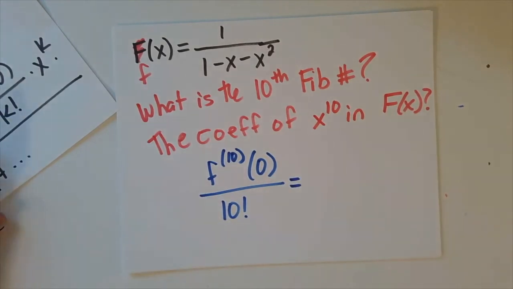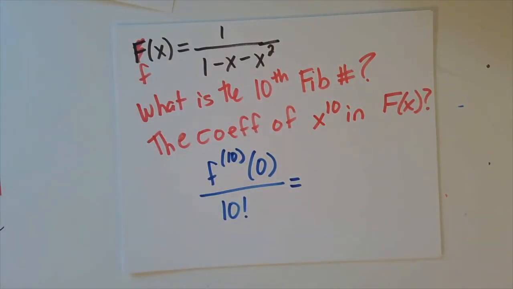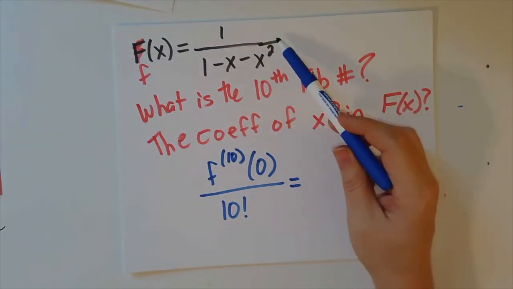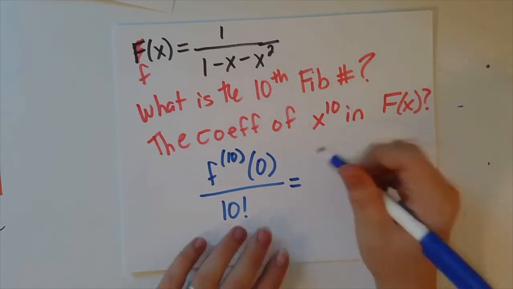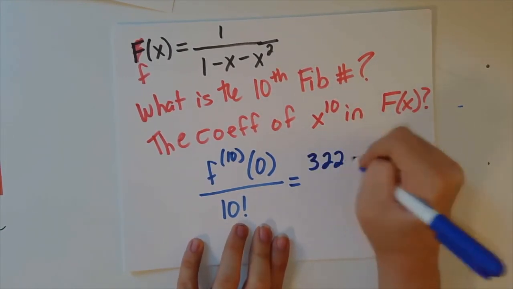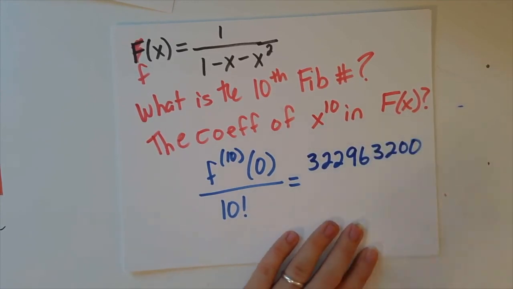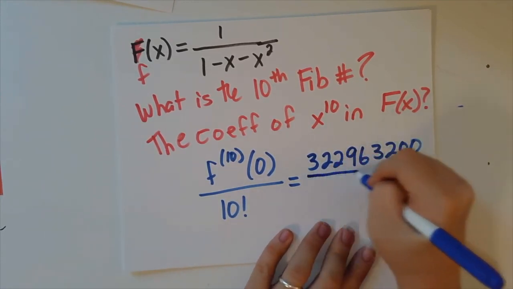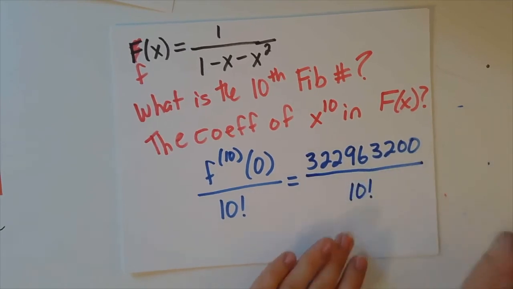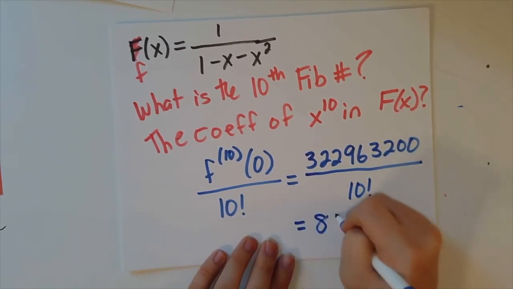Okay. Wolfram Alpha doesn't complain too much if you ask it to do that. Namely, Wolfram Alpha will happily tell you that the 10th derivative of this thing at 0 is this number. Okay. And if you divide that by 10 factorial, you can check that you indeed get 89.